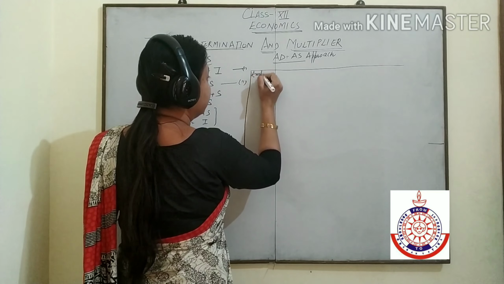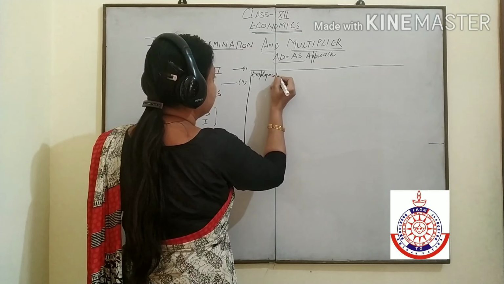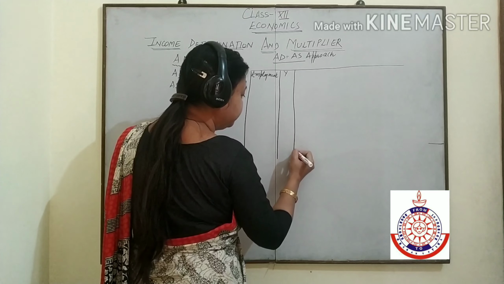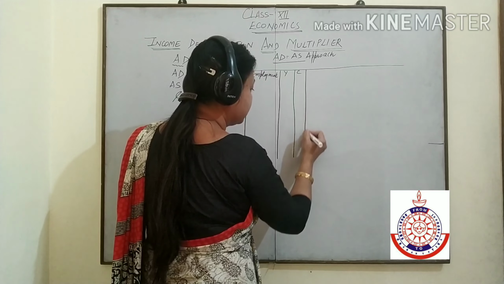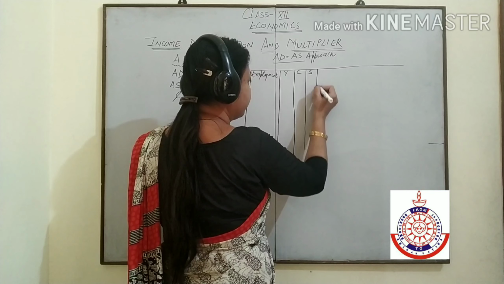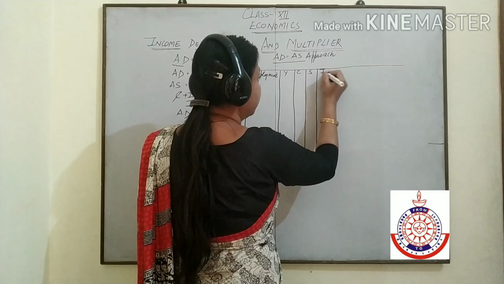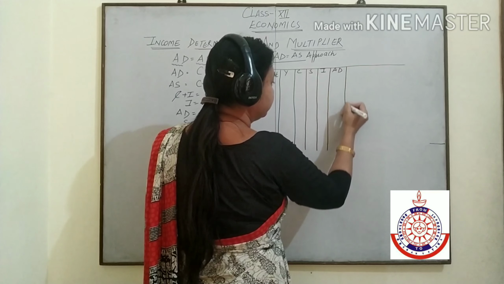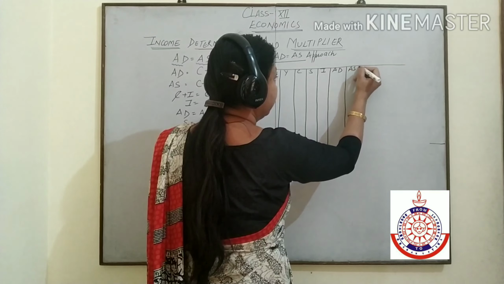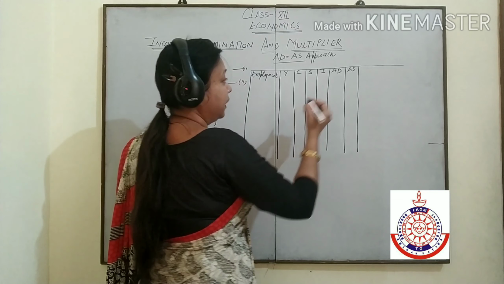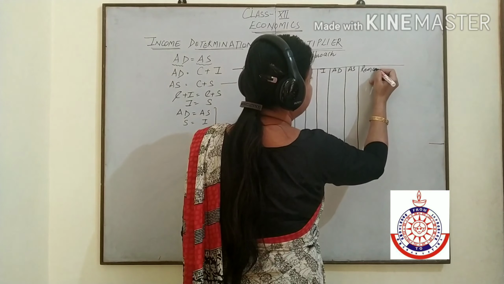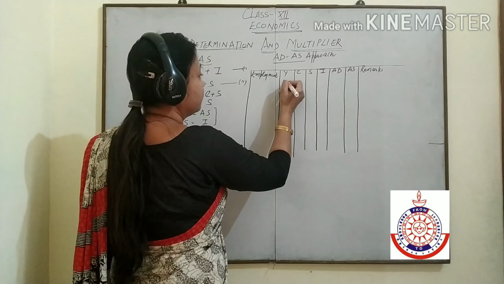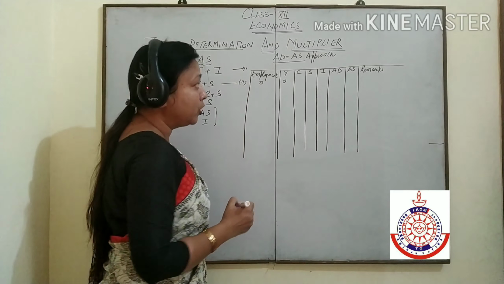In the first column we are writing employment, in the second column income, then consumption, then saving, then investment, then aggregate demand, aggregate supply, and in the last column we are writing remarks. Suppose income is 0, then employment is 0.